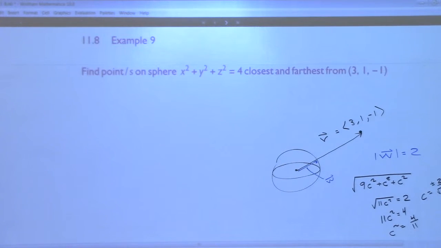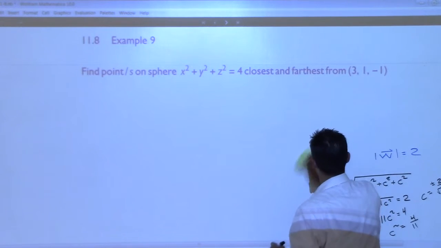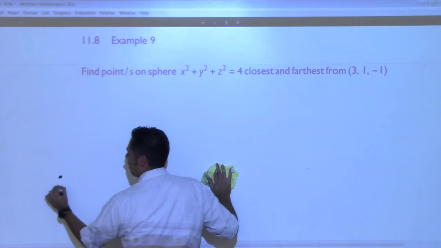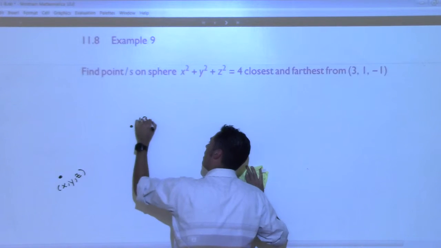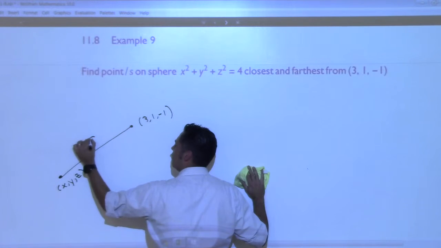What are we trying to find the maximum or minimum of? The distance. So I need a formula for the distance. What is the distance between any 2 points? If I have a point here and I call it x, y, z, and then I have the point that I'm looking at, 3, 1, -1, what is the measurement of that distance, little d?